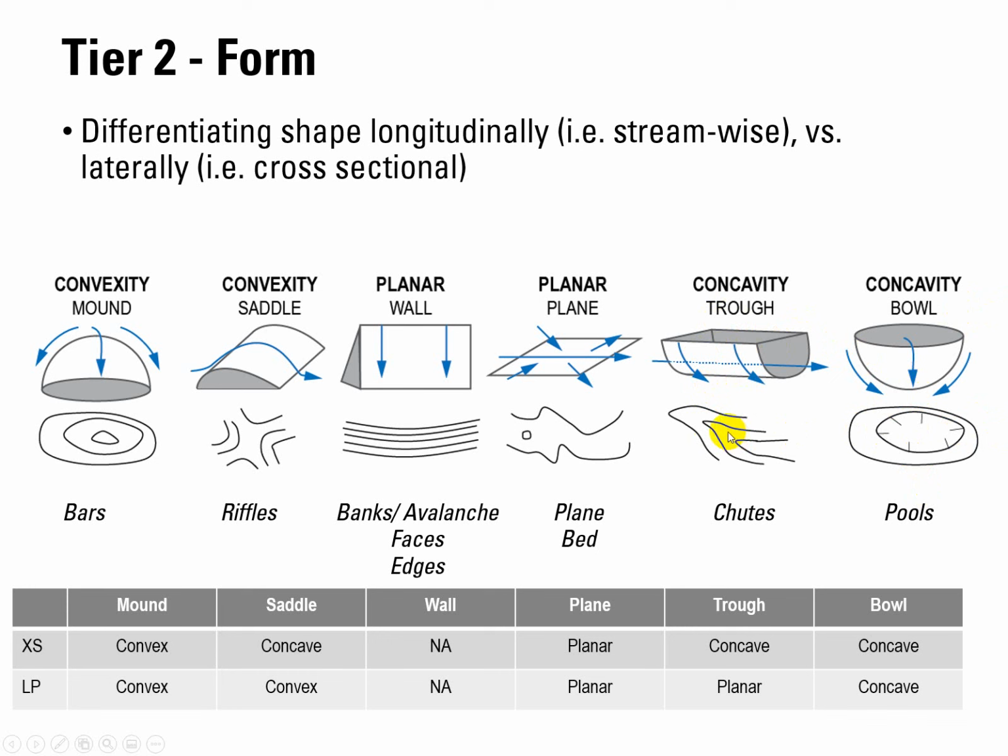And so chutes, which dissect bars, are a good example of these little sort of dissection features. So they tend to be planar longitudinally, whether it's steep or shallow slope, but they are concave in cross section.